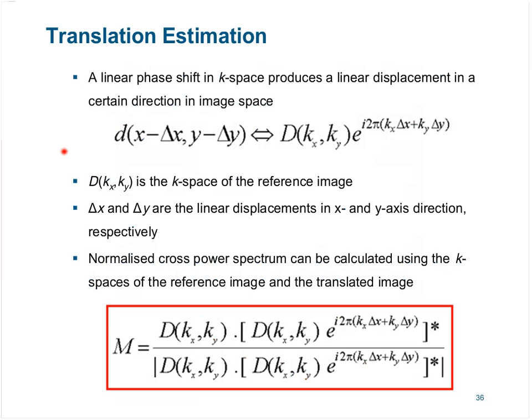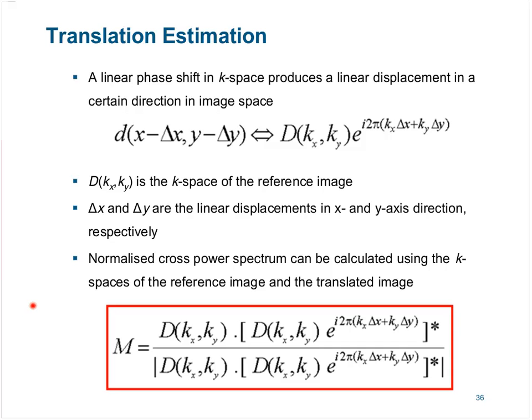So here's the k-space, and this exponential represents a linear phase shift, and delta x and delta y are the linear displacements in the x and y axis directions.